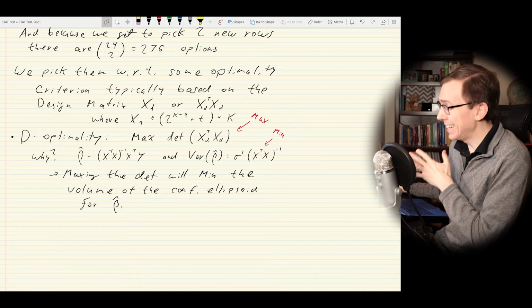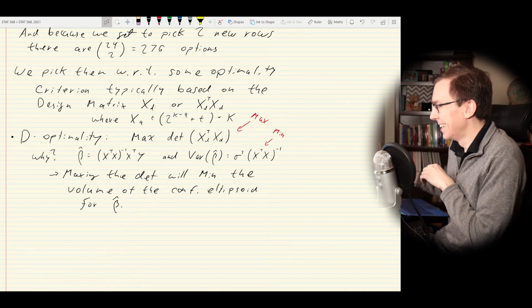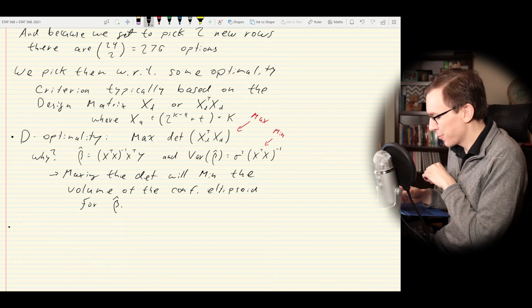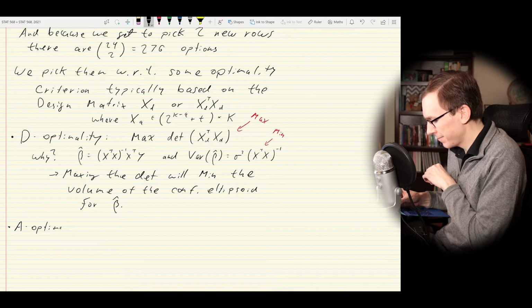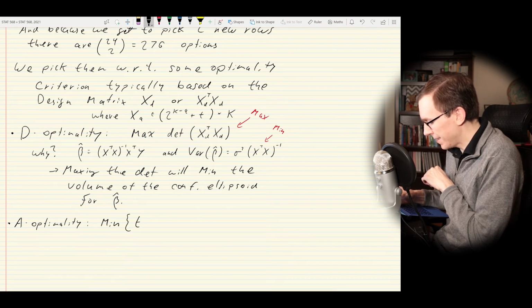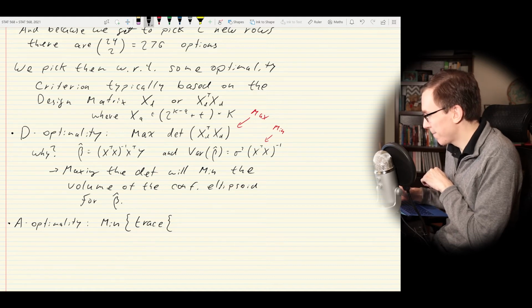Now, we have one that does almost the same thing, but instead of looking at the determinant, it looks at the trace. So we have something called A-optimality. A-optimality wants to minimize the trace of the matrix x transpose x inverse.